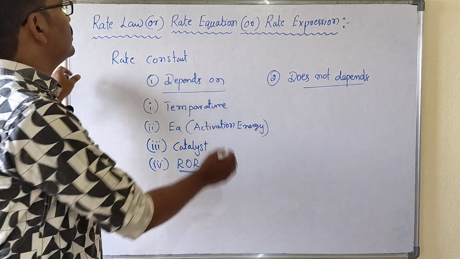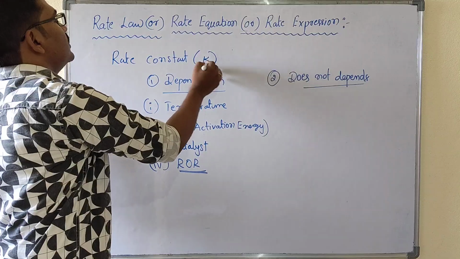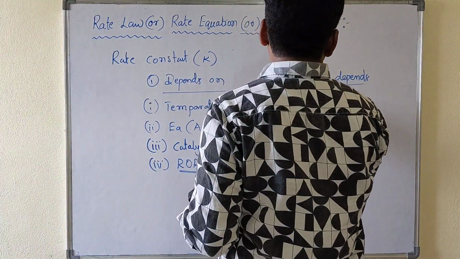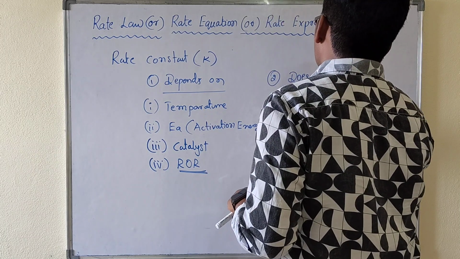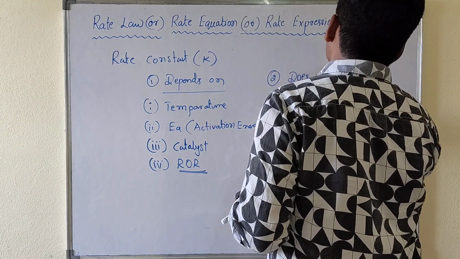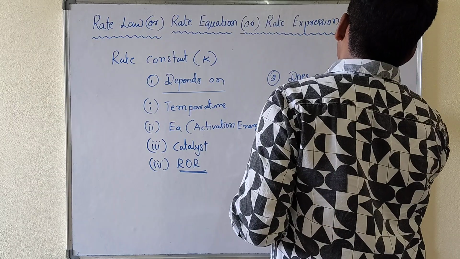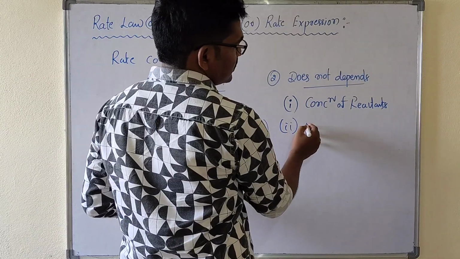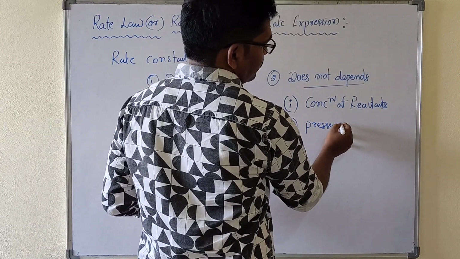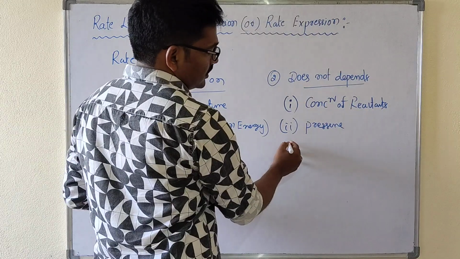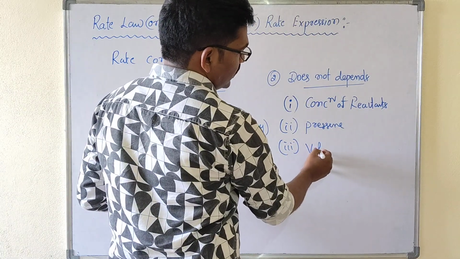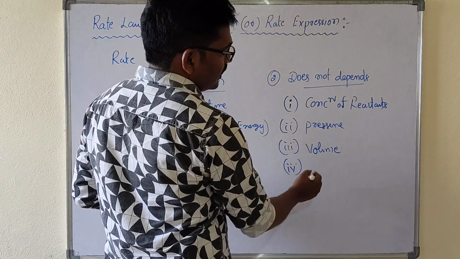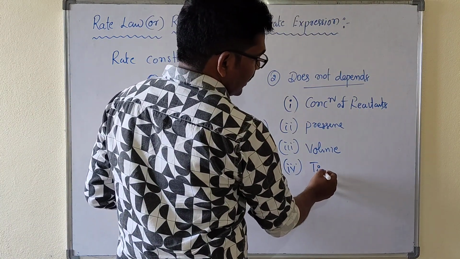See, the rate constant K depends upon these factors. Then which does not it depend on? First, it does not depend upon the concentration of reactants. Number 2, it does not depend on pressure. Number 3, it does not depend on volume also. Number 4, it does not depend even on time.